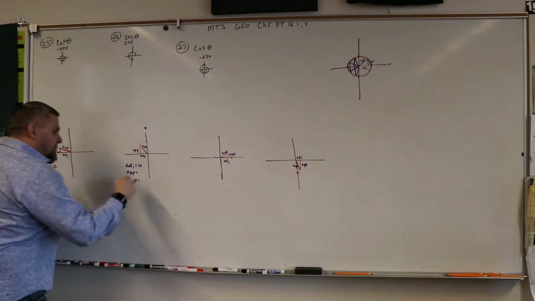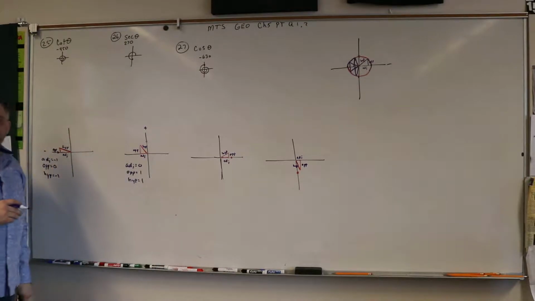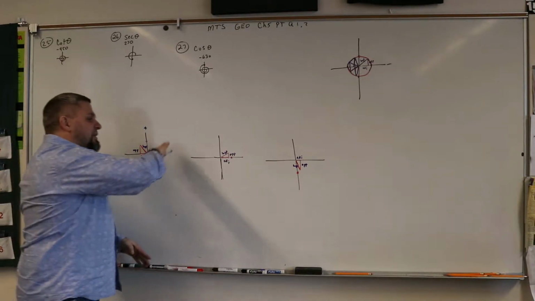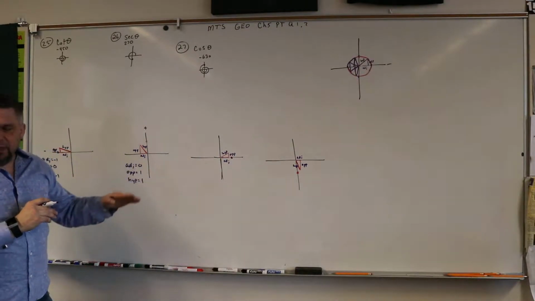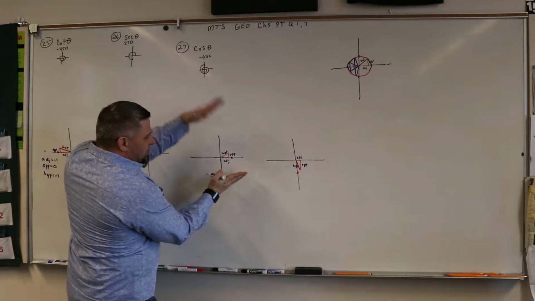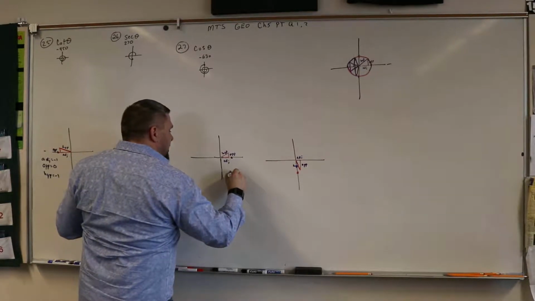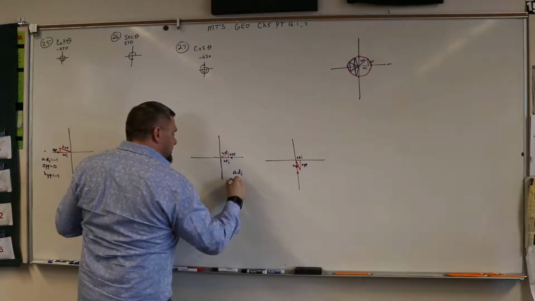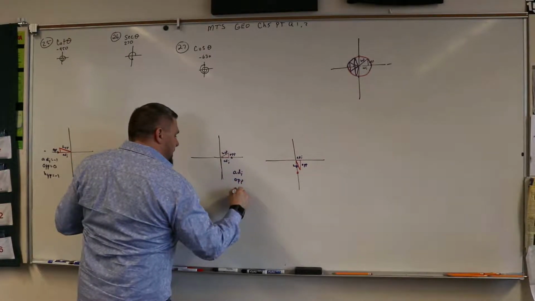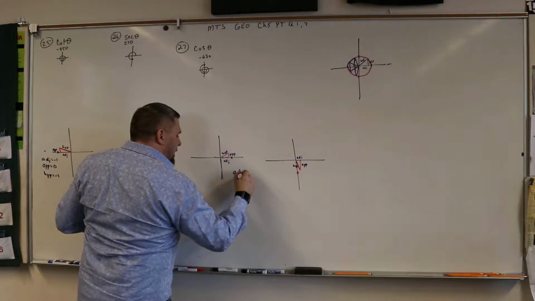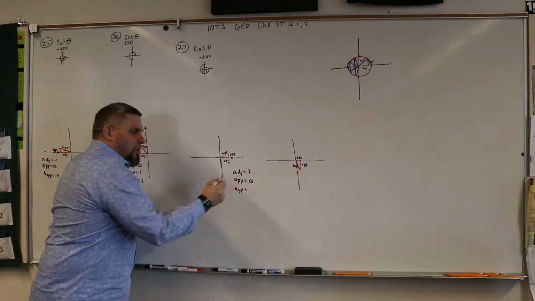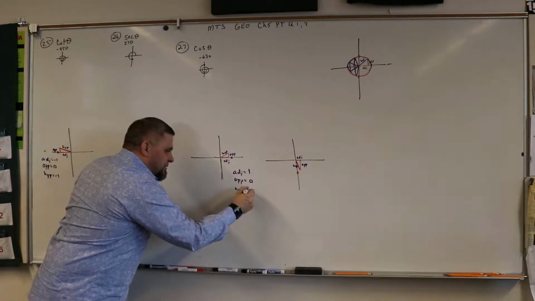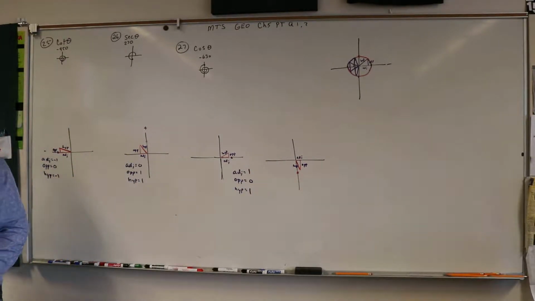So this should be 1 and 1. As we come over to this side, the opposite is going to 0, the adjacent's becoming 1, and the hypotenuse is always 1.